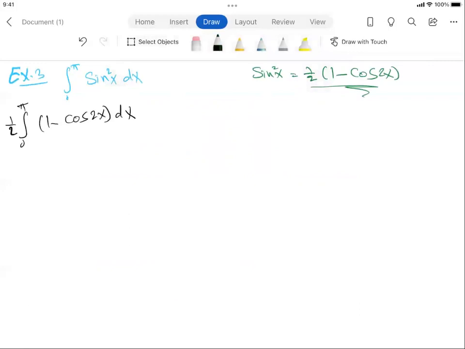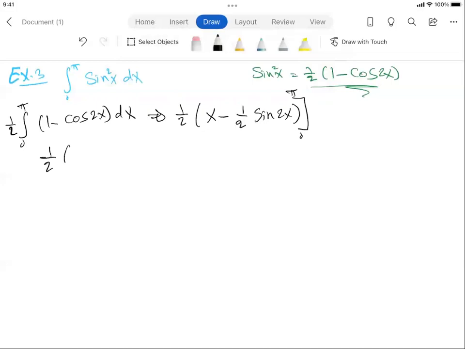And now it should be just straightforward. So it's 1/2 times x minus, the integral of cosine is simply sine, and I need to compensate for the angle by dividing by 2, so sine of 2x over 2, evaluated from 0 to pi.